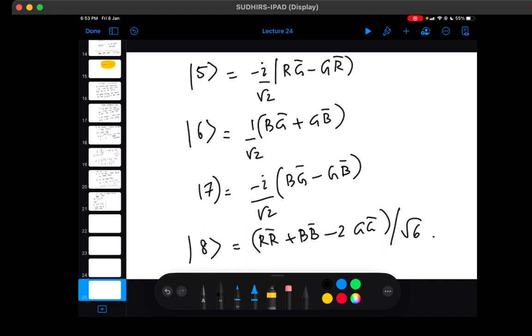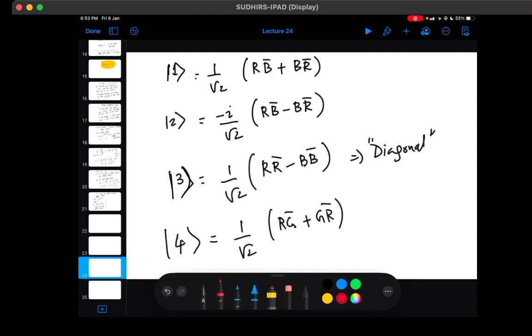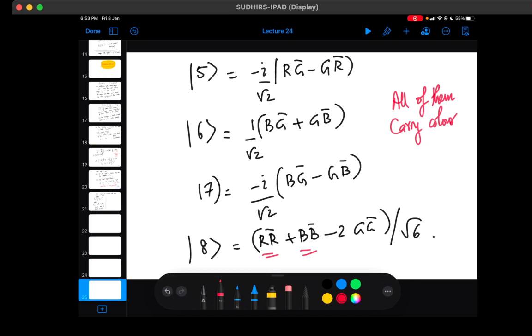All of them carry color, except for the diagonal ones, like the 3 and 8. The diagonal ones essentially have BB bar, RR bar, and GG bar.